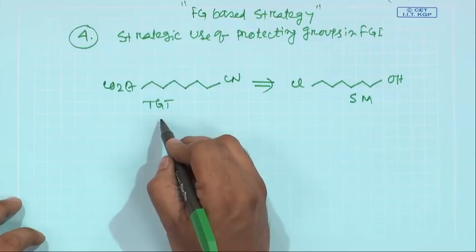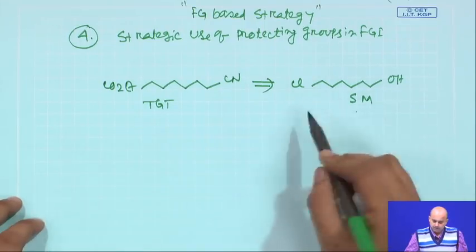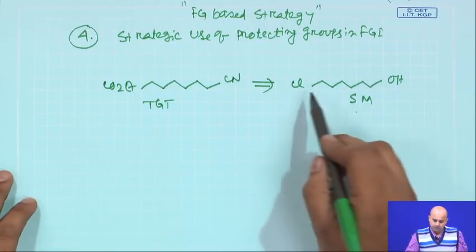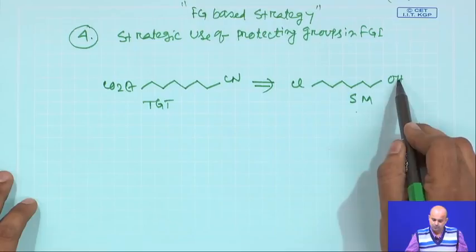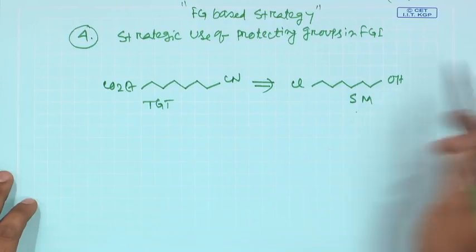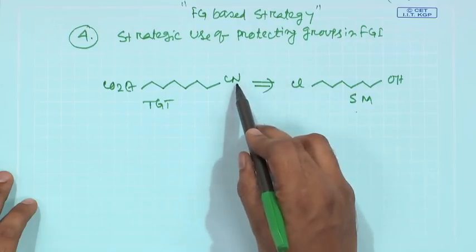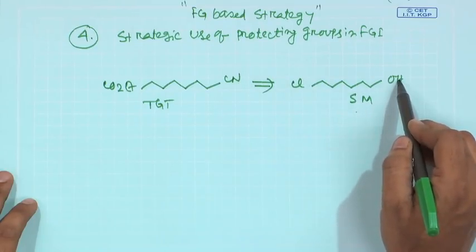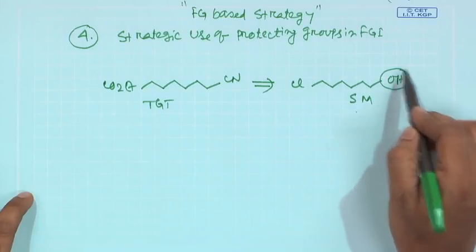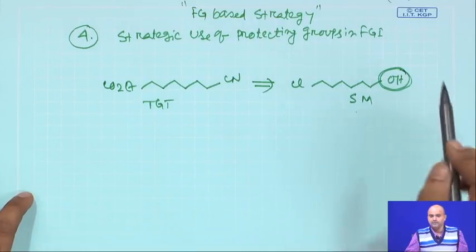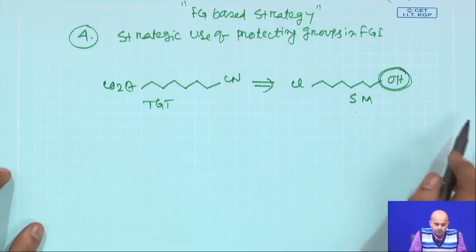Now, the straightforward way to solve this problem: you can think about converting the chloro to the corresponding cyano and then converting the OH. But the main thing is that this free OH is probably not compatible with some of the reactions we will be talking about.